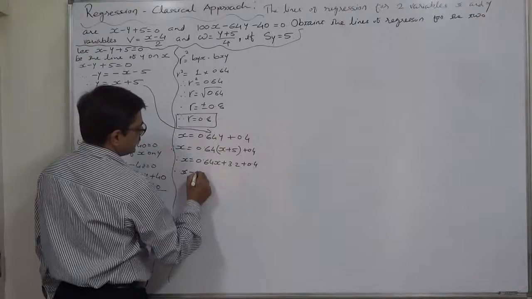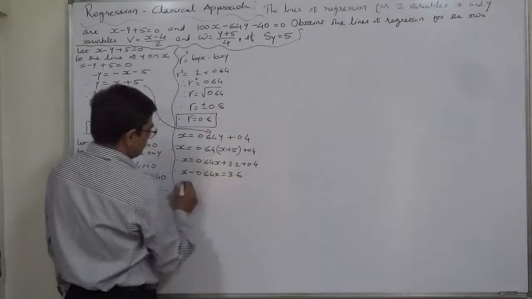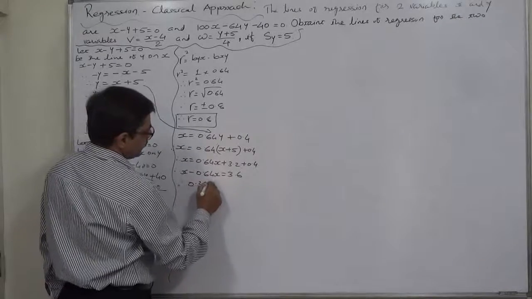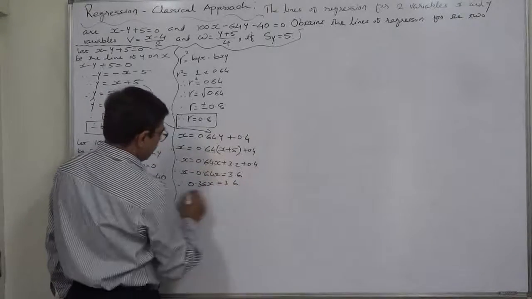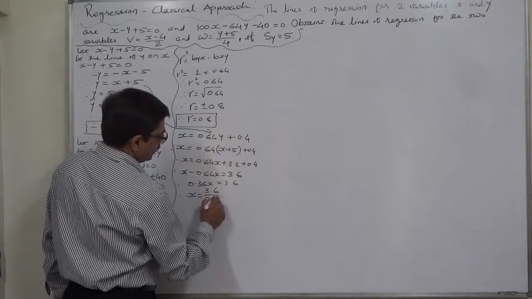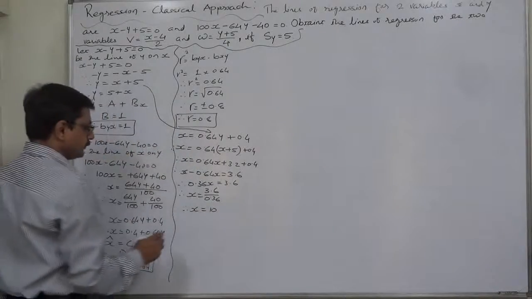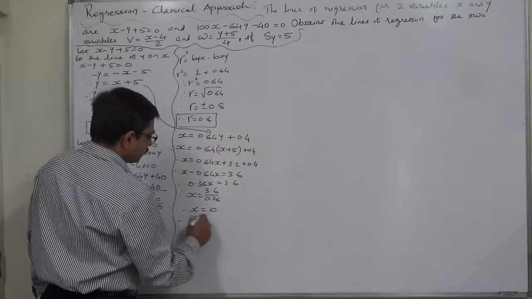Therefore x minus 0.64x equals 3.6. Therefore 0.36x equals 3.6. Therefore x equals 3.6 upon 0.36. Therefore x equals 10. That means x bar equals 10.